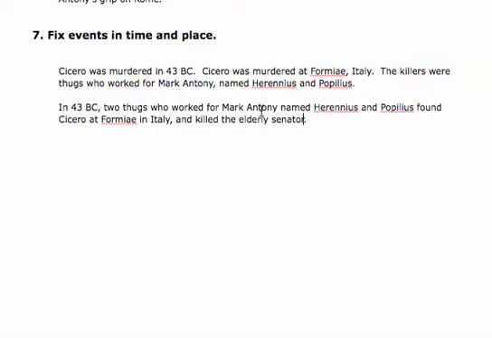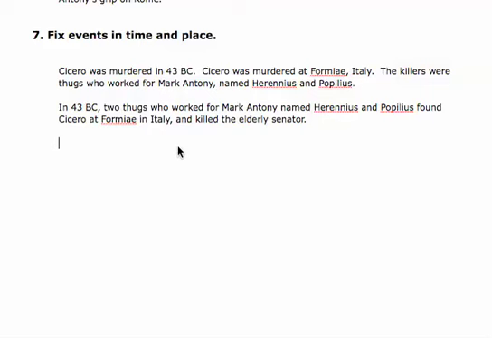Mark Antony is a senator, Herennius is not, Popilius is not, Cicero is, but there's a difference in age between Mark Antony and Cicero, so we will add the adjective "elderly" in order to indicate which senator it is that we mean. Now, we could write this sentence a slightly different way.